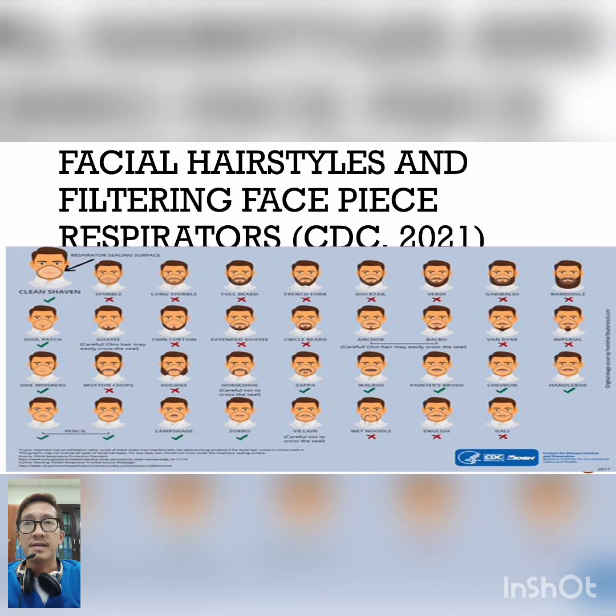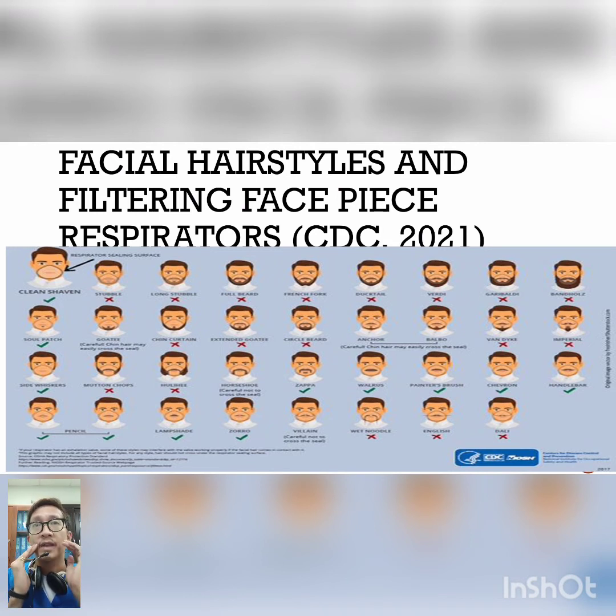Now, as you can see on the slide, these are facial hairstyles and filtering face piece respirators. Ideally, fit testing should not be conducted for staff who have facial hair, for example a beard that prevents the proper fitting of your N95 mask.